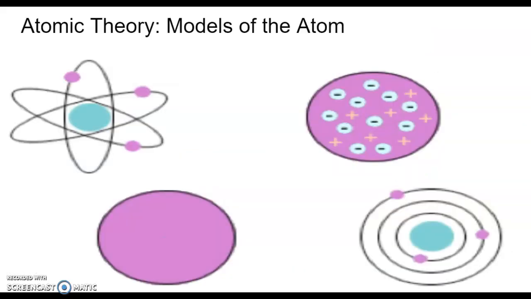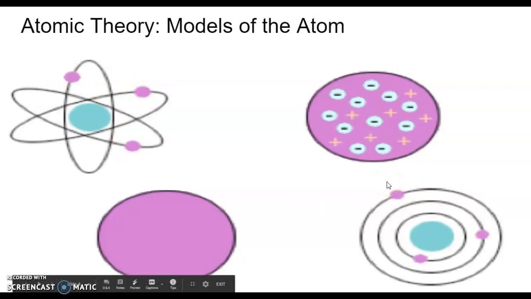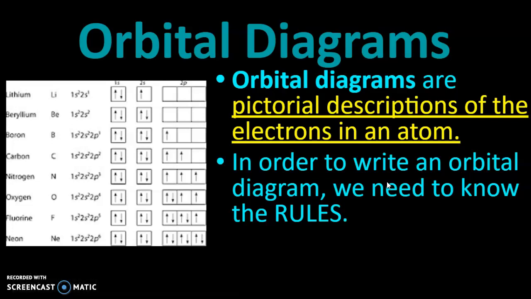All of these cases right here show an element with three electrons, just showing it a different way. An orbital diagram is just a pictorial description of the electrons in an atom. It's another way to show how the electrons are arranged inside and outside an atom.